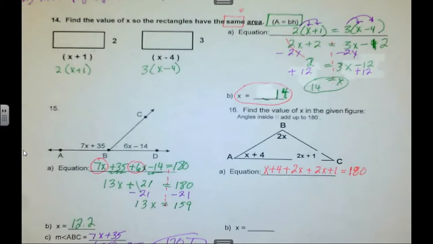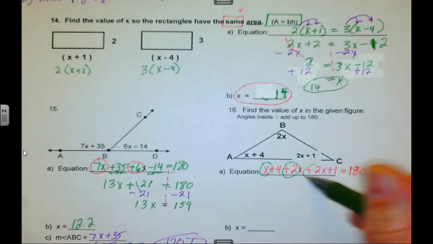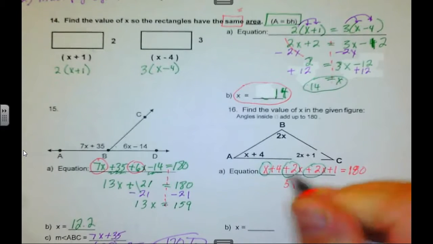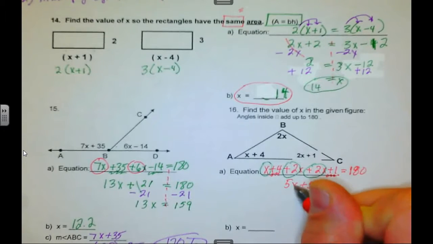Okay. Angles of a triangle add up to 180. Combine like terms. x, 2x, and positive 2x is 5x. Plus 4, plus 1, plus 5.